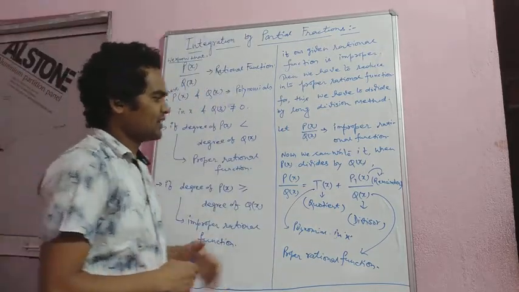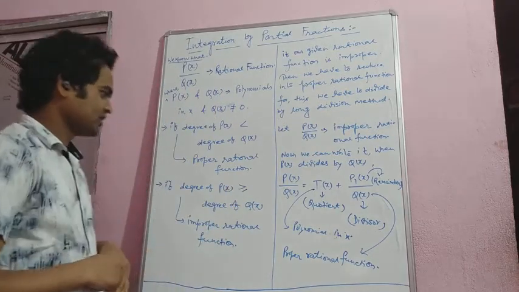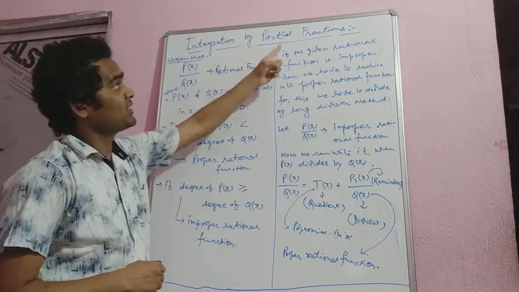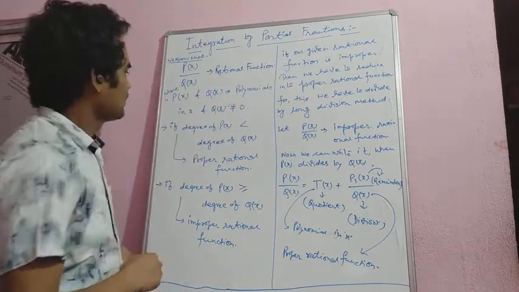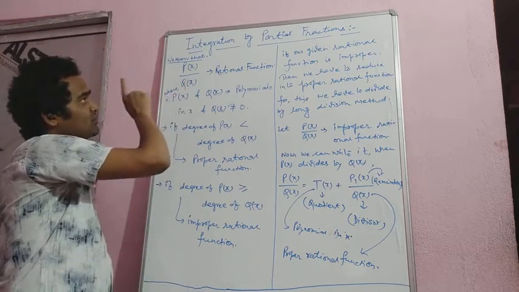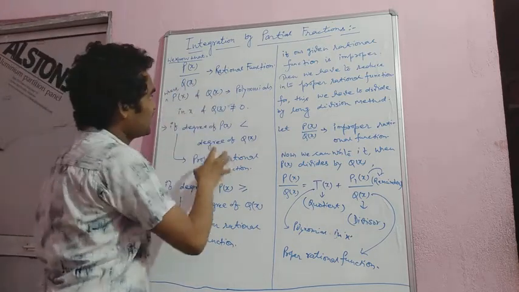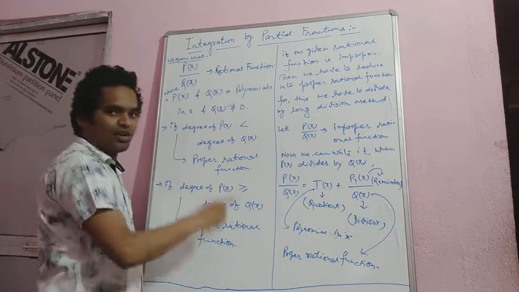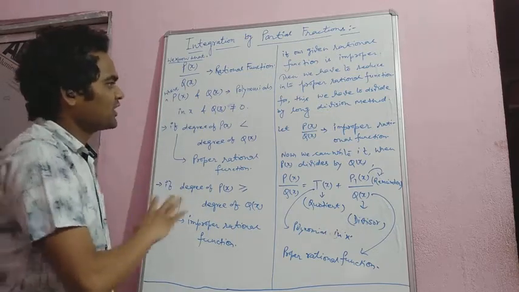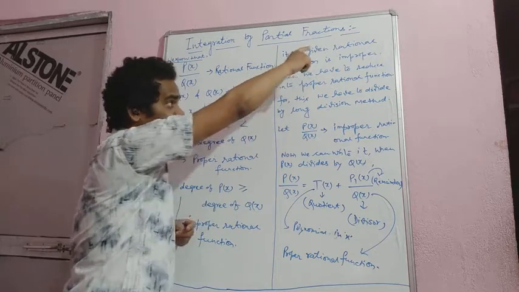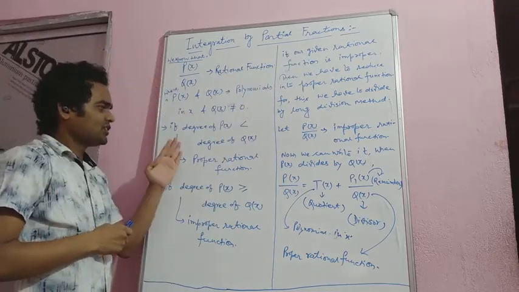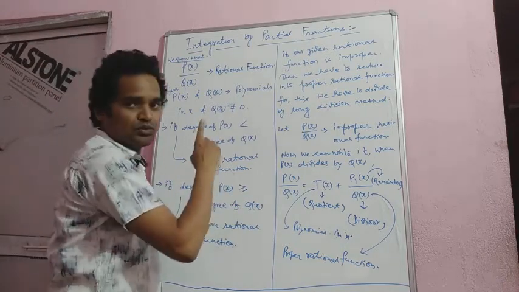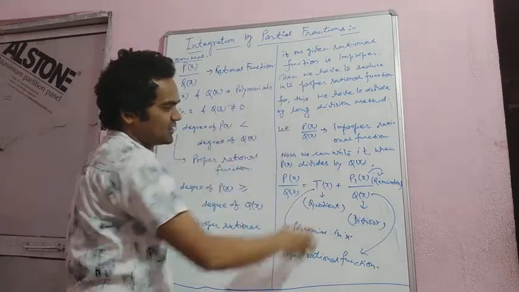Now students, we will discuss the forms of rational functions and their particular partial fractions. To integrate such a rational function, we have to check whether the given rational function is proper or improper. If proper, then we can easily express it in partial fractions. If it is improper, then first of all we have to change improper to proper by the following steps.